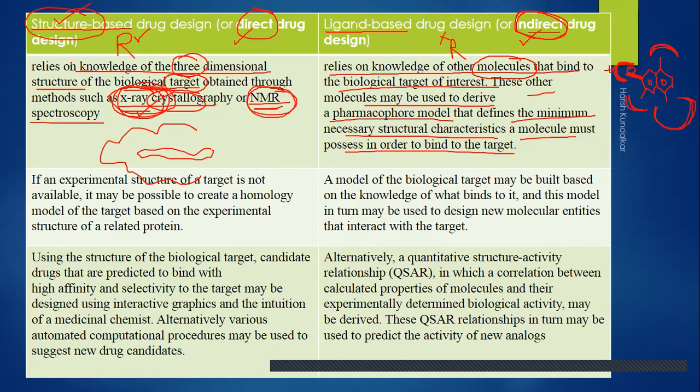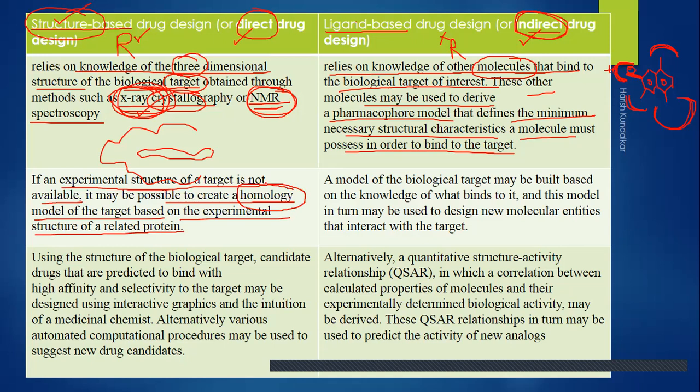Then for structure-based drug design, if an experimental structure of the target is not known or not available, it may be possible to create a homology model of the target based on the experimental structure of a related protein. This is called homology modeling.